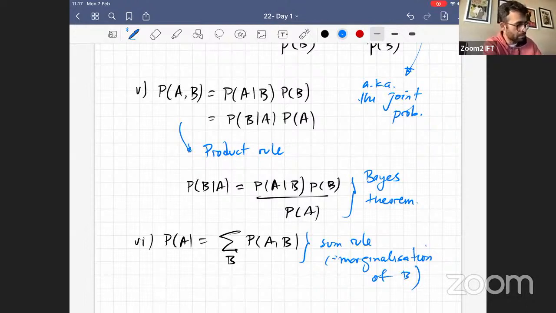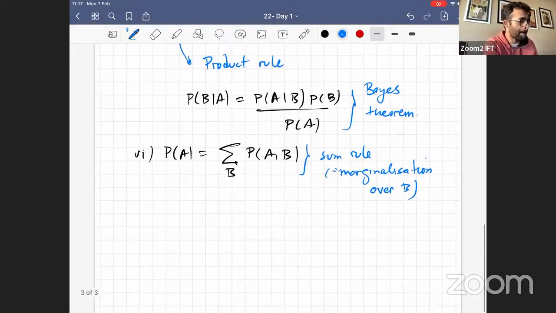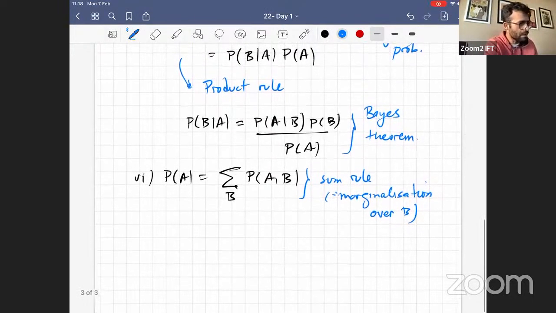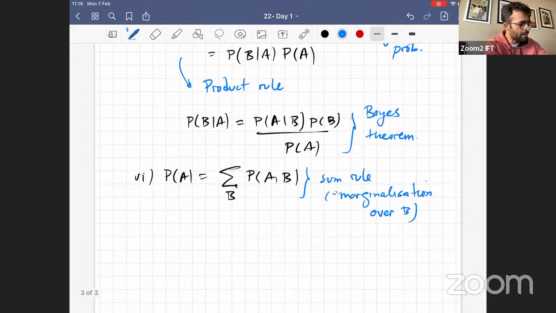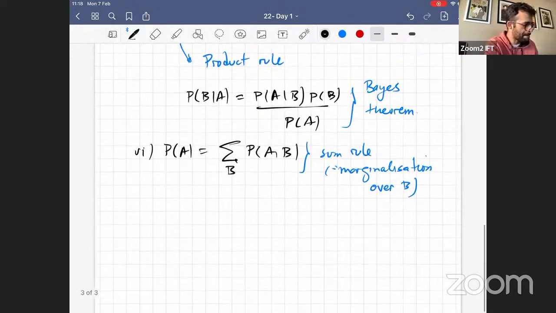It's just that you need to sum out all possible values of B, and then you will get the probability of A. Okay, any questions so far? Right.